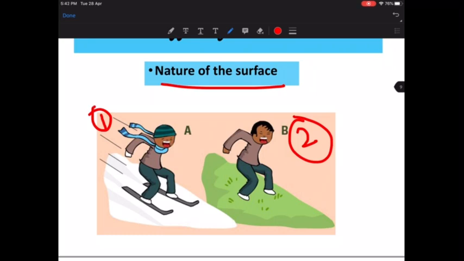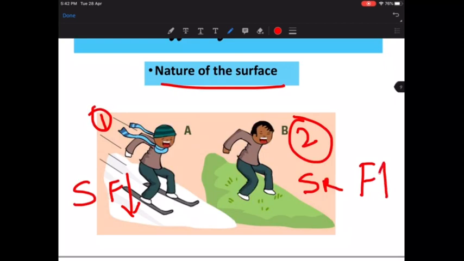Understand that if the surface is smooth, then the friction is going to be very less. If the surface is smooth, the friction is going to be very less. In this case, if the surface is rough, okay, then the friction is going to be very high, very large, okay?